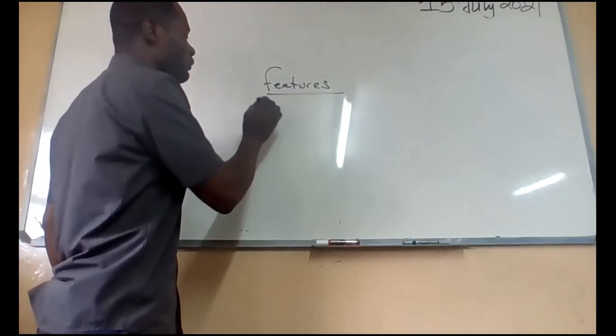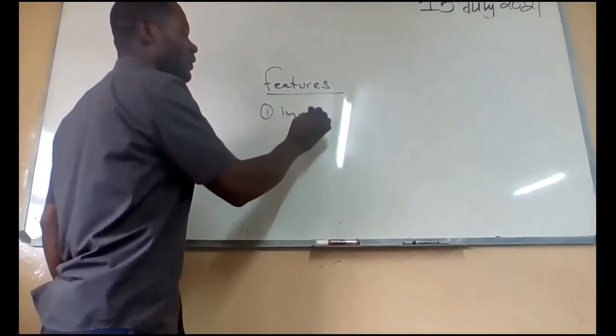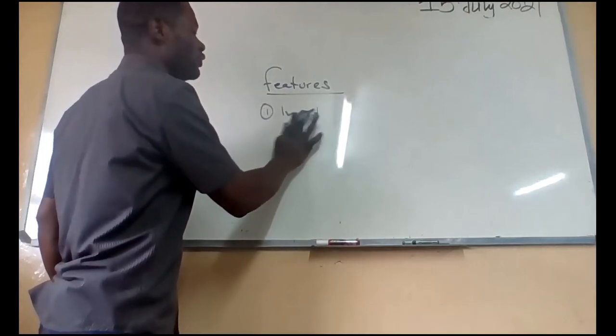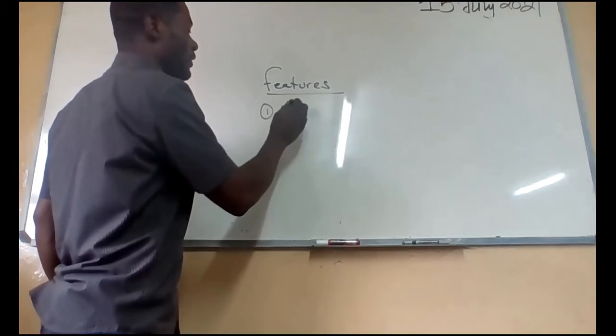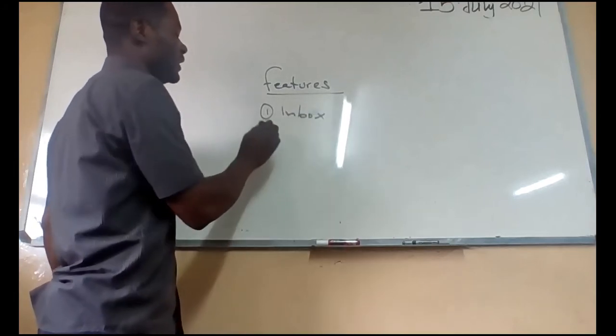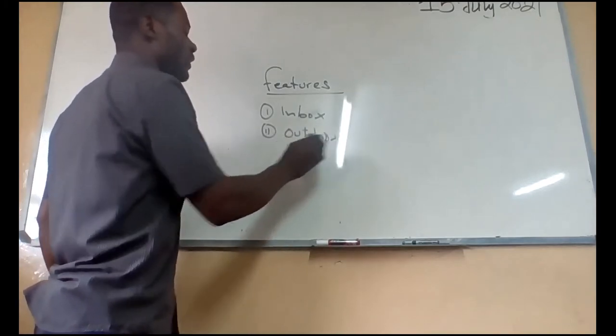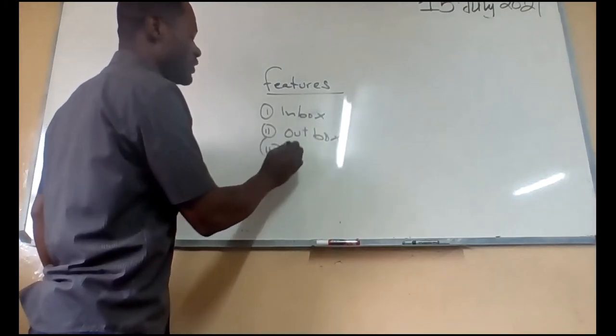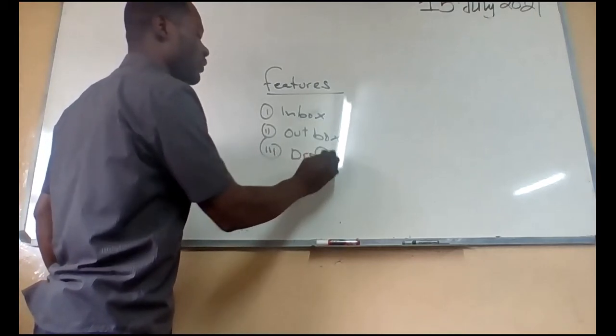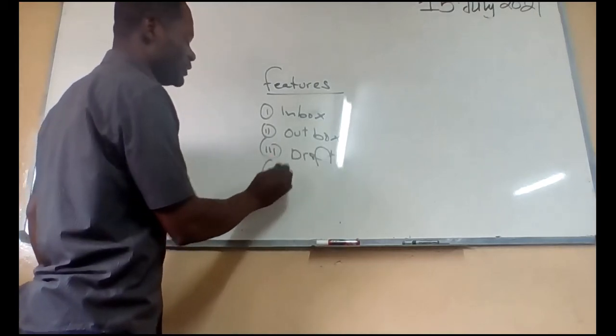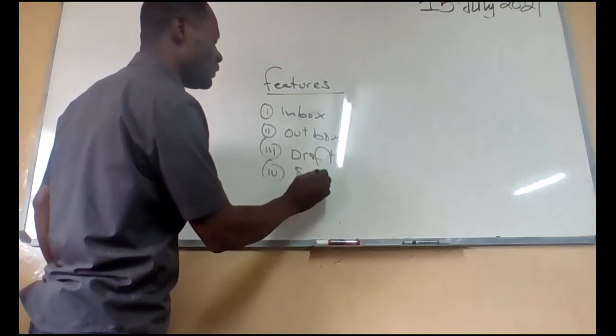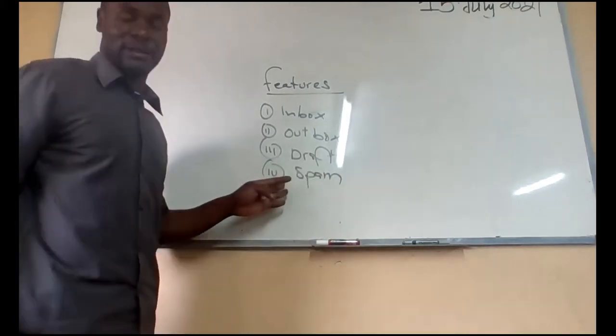I'm trying to talk about the features of an email. One, it should have what we call inbox. There should be outbox, there should be a draft box, and I'm just listing the most important ones.